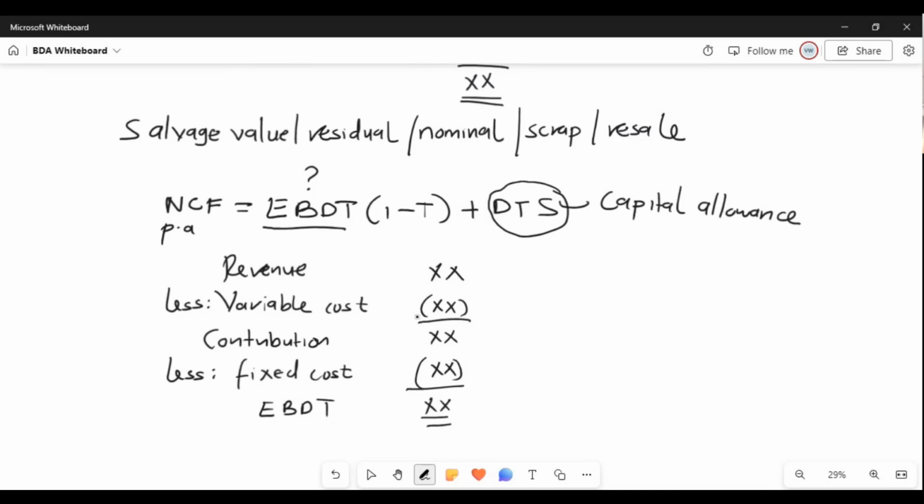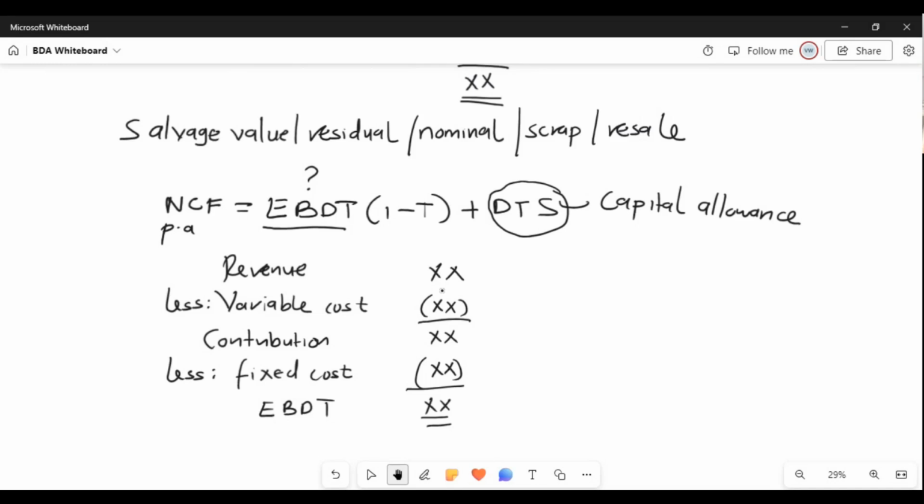Just like anything that we've said about scenario analysis is that revenue items in the best case scenario we expect to increase, and in the worst case scenario we expect to reduce. Cost items like variable cost and fixed costs, in the worst case scenario, we expect all the cost items to increase.